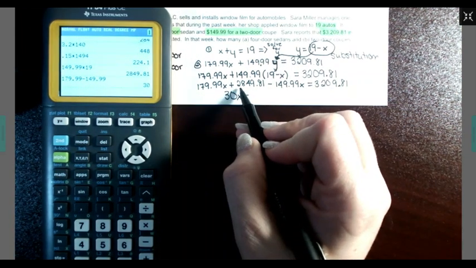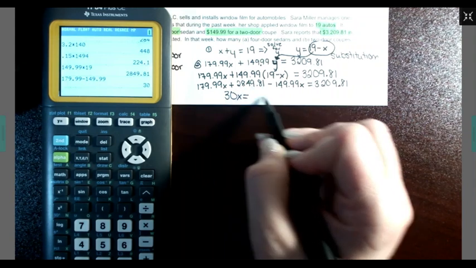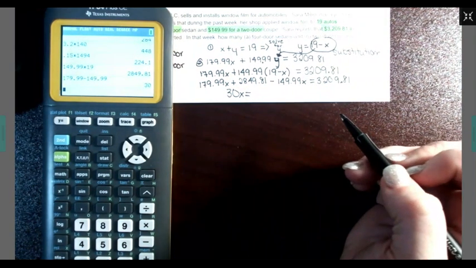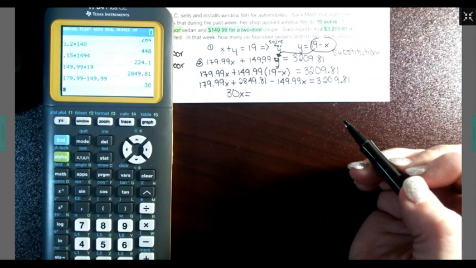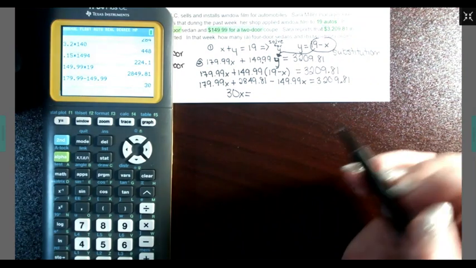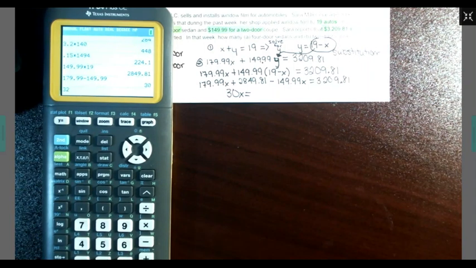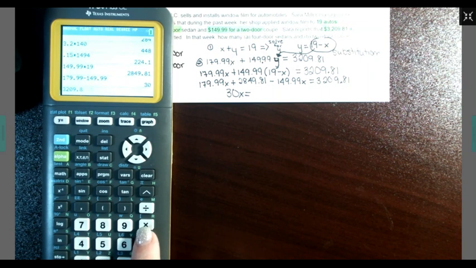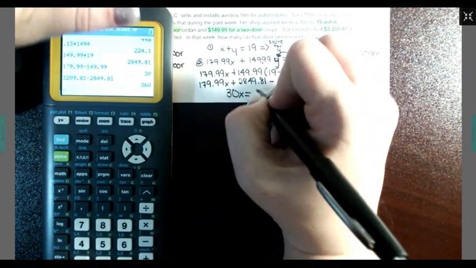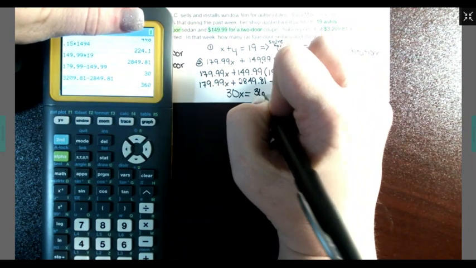I want to move this 2,849.81 to the right-hand side of my equation. How would I move that? Add or subtract? Right, subtract. So we're going to take 3209.81 and subtract $2,849.81. That gives me 360.